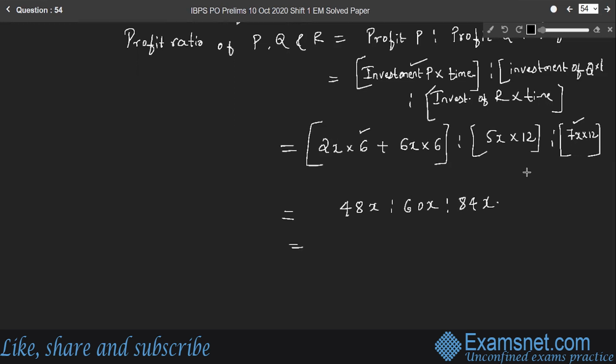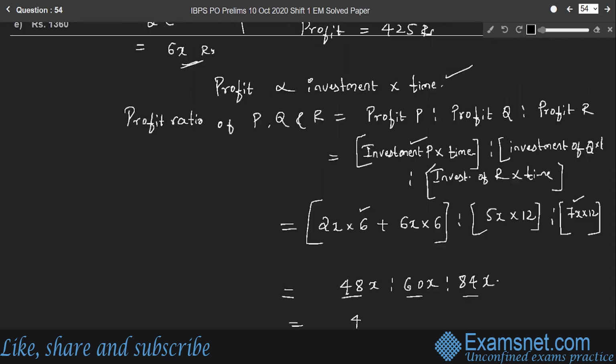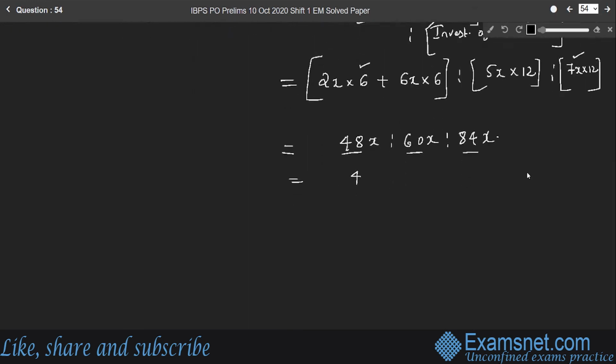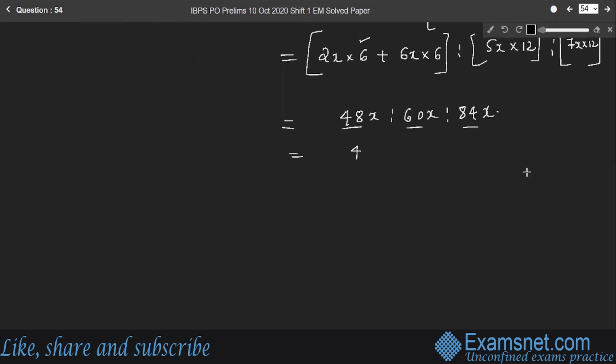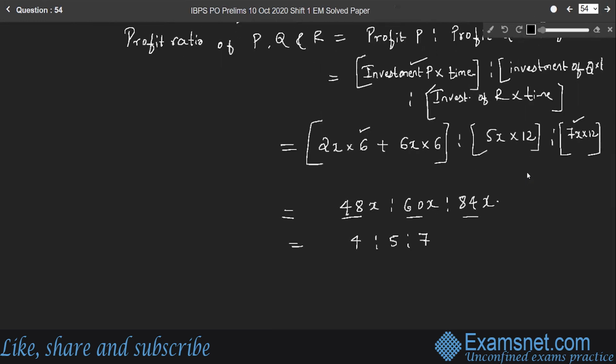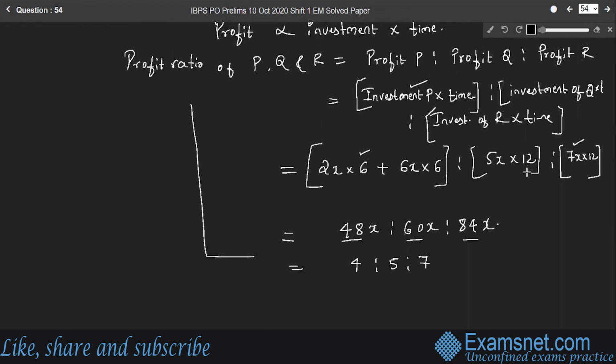All three numbers are divisible by 12, so we get 4, and x we can avoid since we are finding the ratio. So 4 is to 5 is to 7 is their profit ratio.